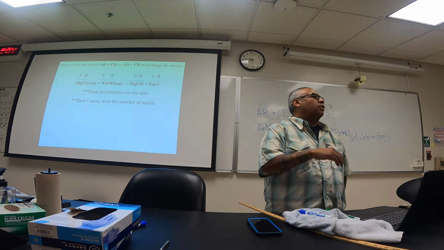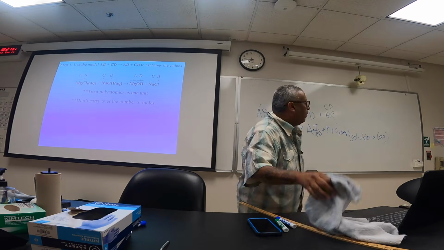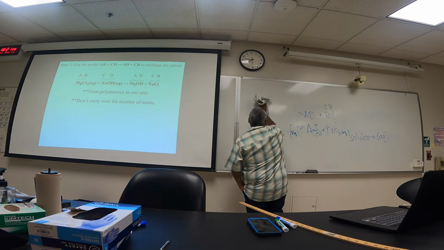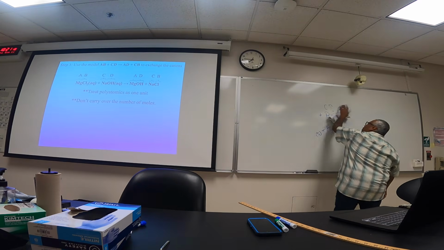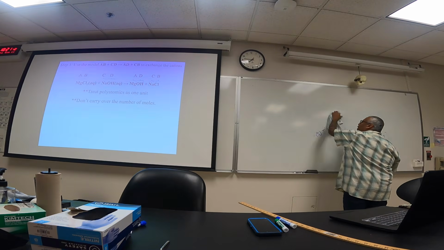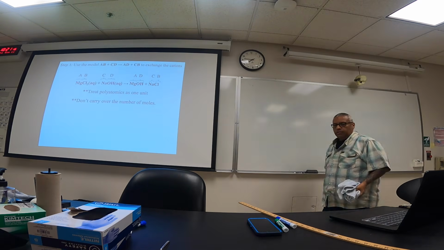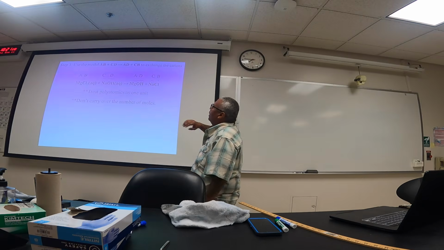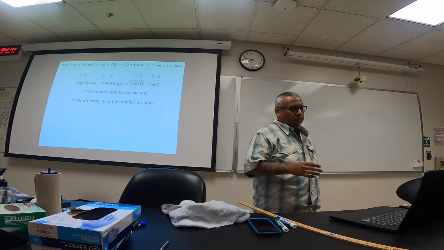You have to determine what those products are going to be. So we're going to spend some time on that. There are steps. This is kind of a lengthy process. There are multiple steps in order to write a reaction. I do have some slides to get through, and then we'll do some examples.